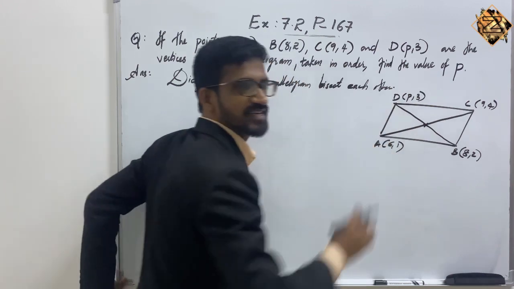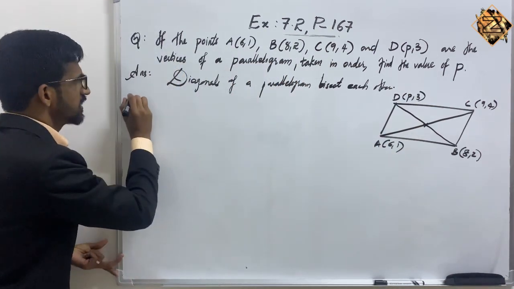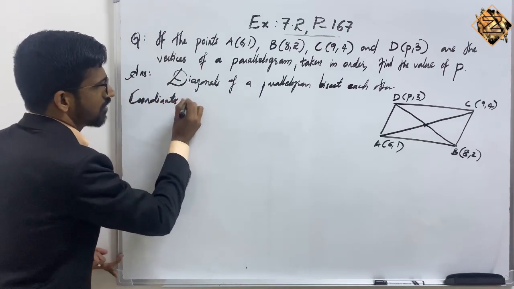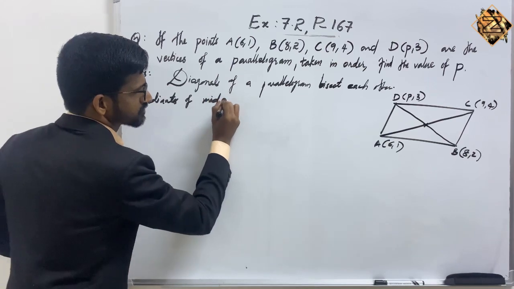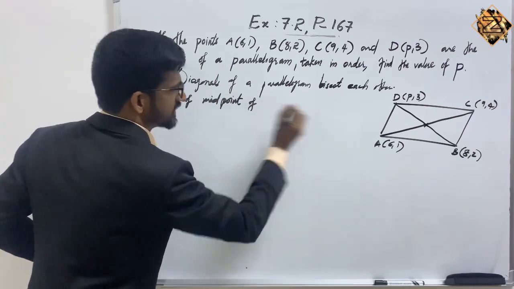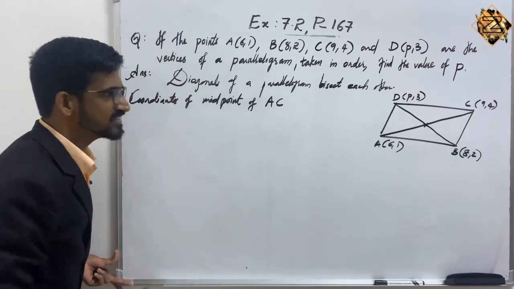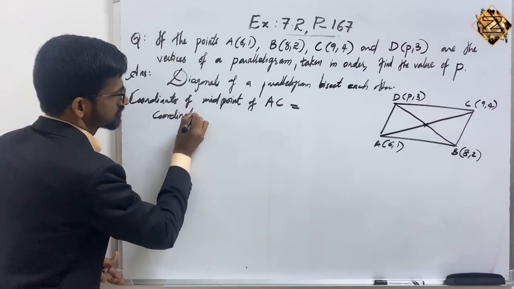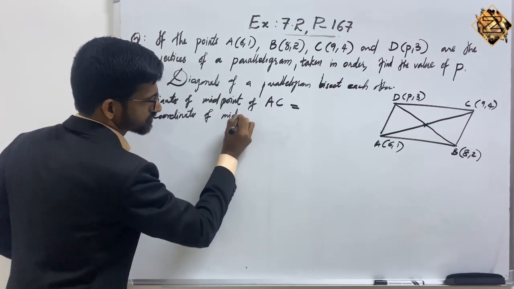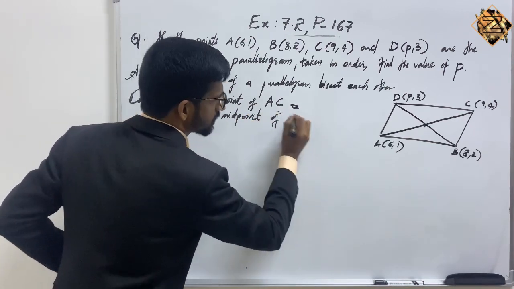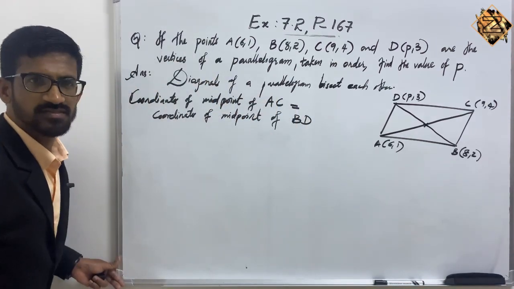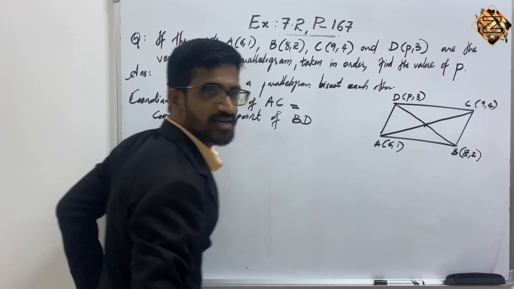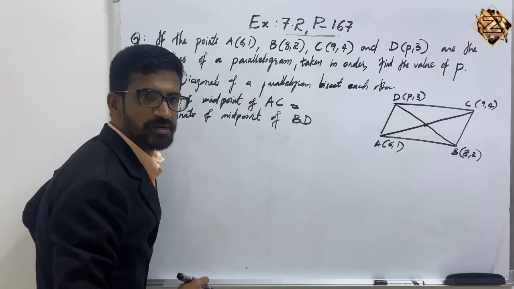The coordinates of the midpoint of the diagonal AC will be equal to the coordinates of the midpoint of the diagonal BD, isn't it? That is, the coordinates of the midpoint of AC will be equal to the coordinates of the midpoint of the diagonal BD. Here we can apply the midpoint formula.